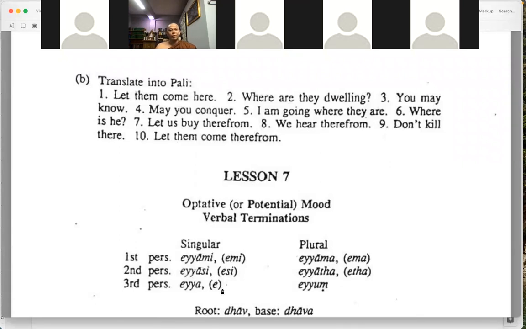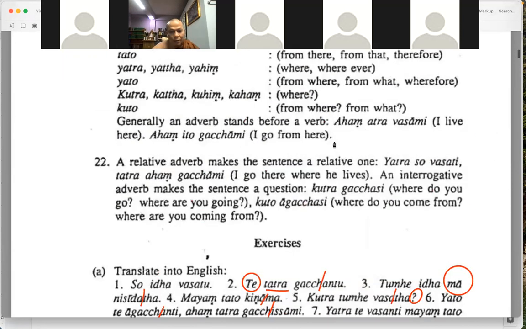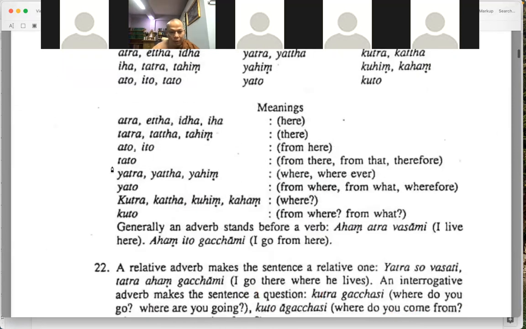Okay, so Bande, yeah. Bande. Can you do the exercise number 8? Yeah, I'm confused. Therefore, therefrom or therefrom? Therefrom and from there. So in the given meaning also here you see, the door mean from there or from that or therefore.